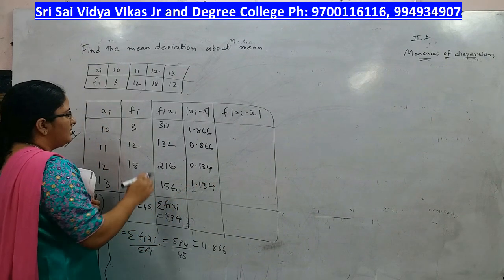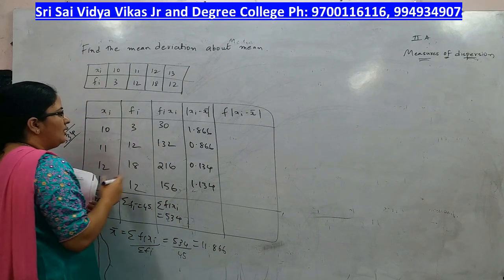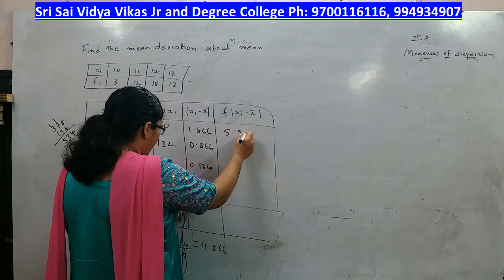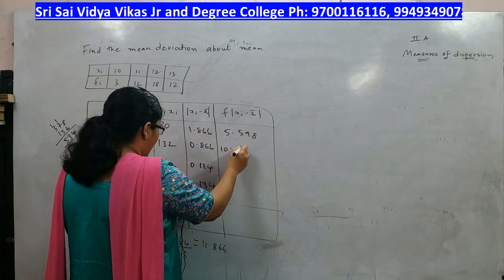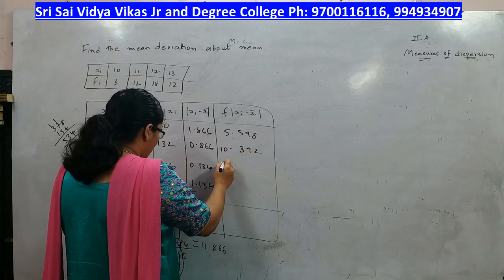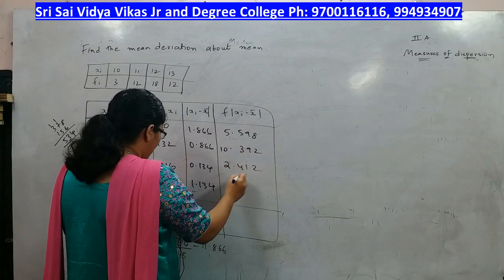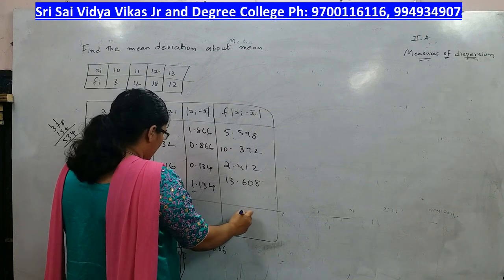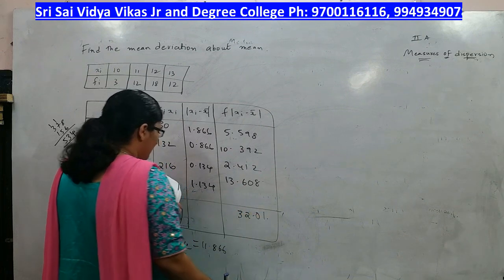F into xi minus x bar, this into this. 3 into 1.866, I am writing directly the values: 5.598, 10.392, 2.412, 13.608. Total if you do, you will get 32.01.